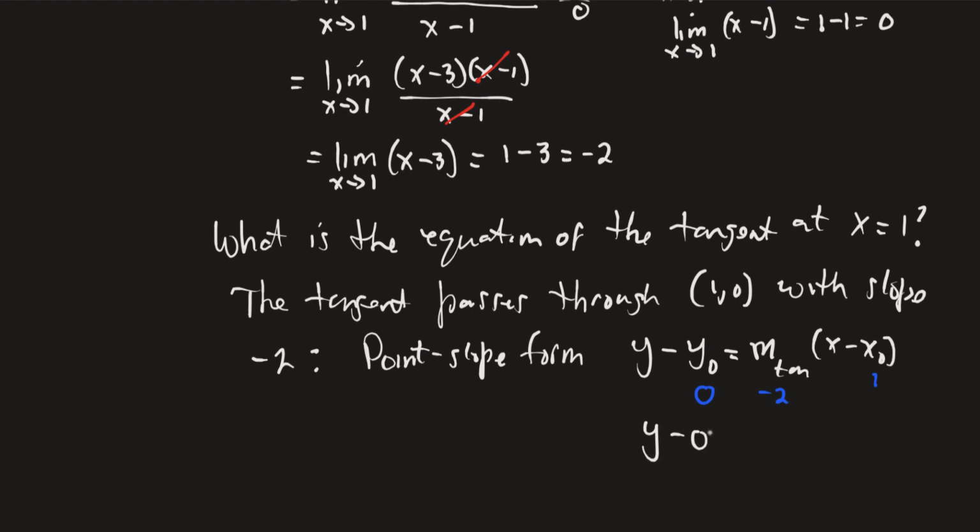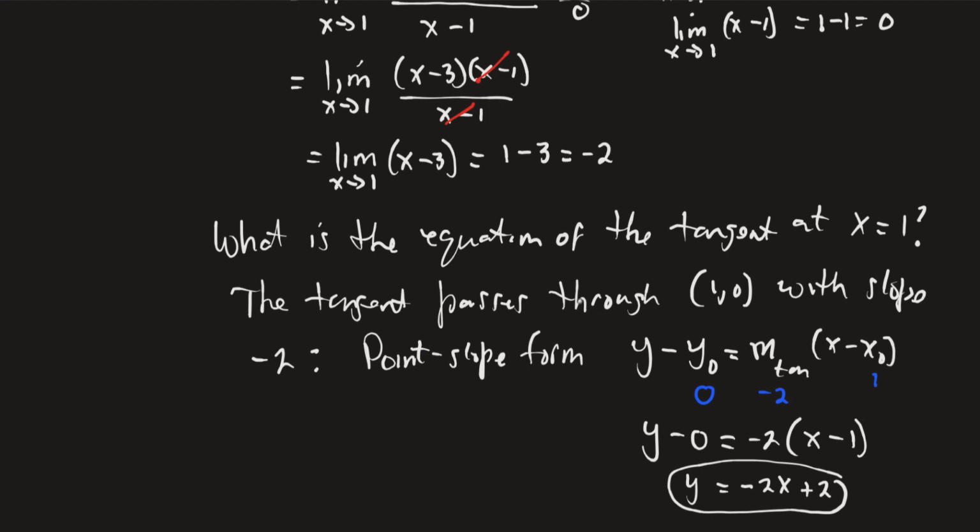We have y minus 0 is equal to negative 2 times the quantity x minus 1. y minus 0 is y. Distribute the negative 2, and then we get that the equation of the tangent line is negative 2x plus 2. So what we just found, after doing the calculus that involves the limit, finding the actual equation of the tangent line, again, it reduces to an algebra problem.